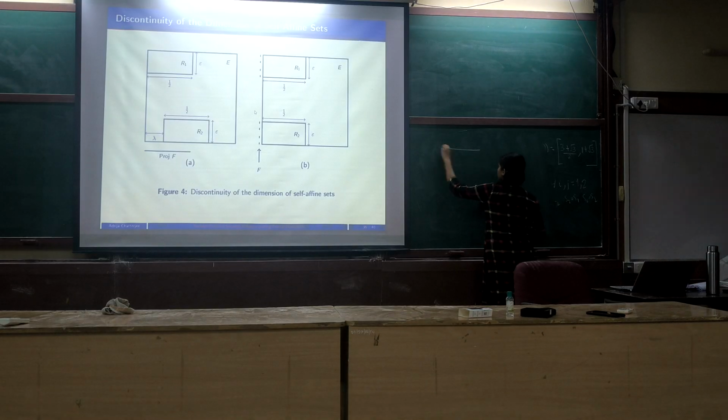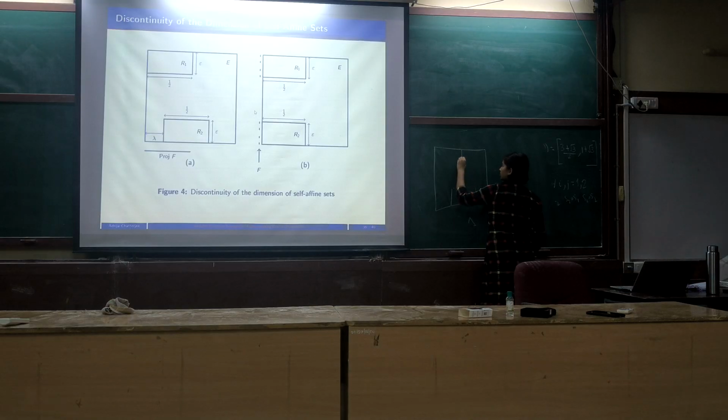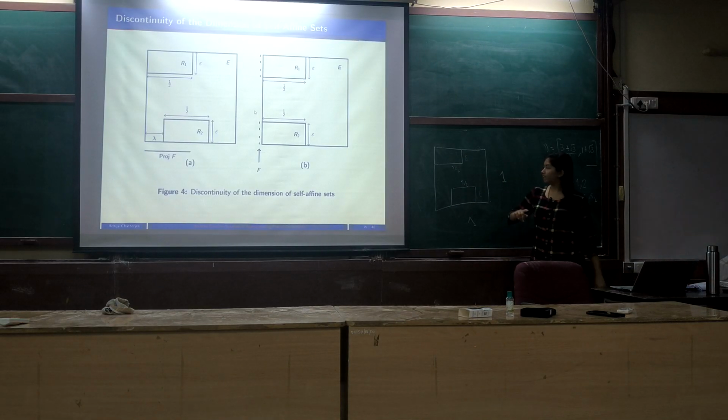Okay, so first you had 1 cross 1 here, which got mapped into this rectangle and this rectangle of side half epsilon, and this is also half epsilon. Okay, now you will apply the same map to this set first.